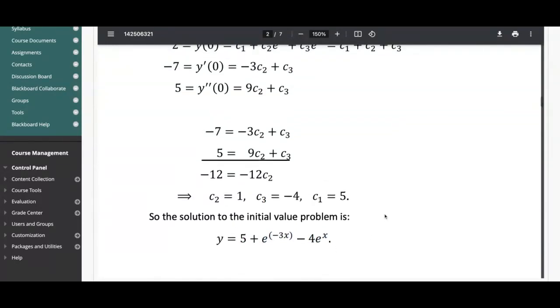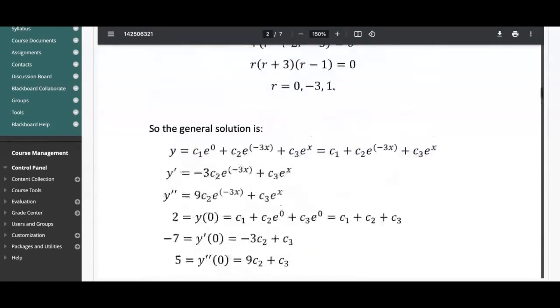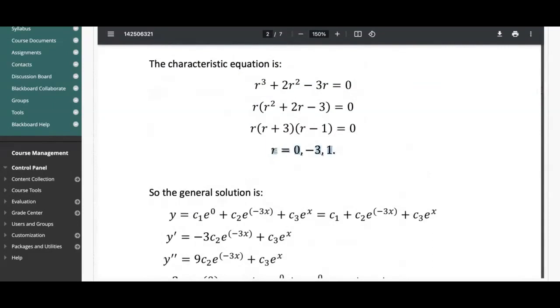Anyone has any question? Yes, Suxian. We count R as 0, negative 3, and 1, right? You said R1 is 0, R2 is negative 3, R3 is 1.